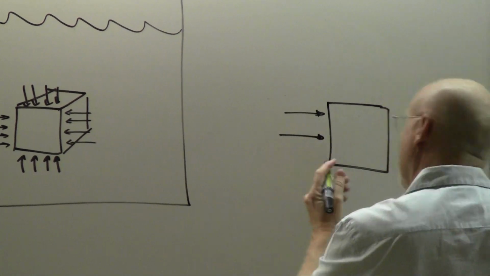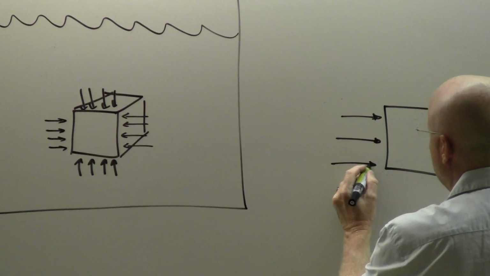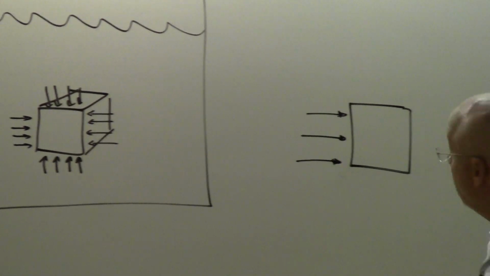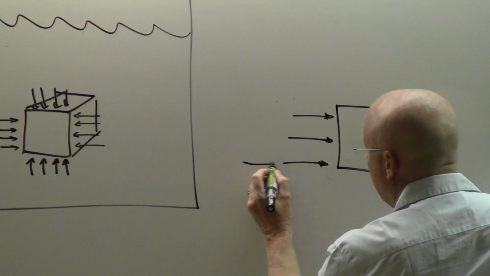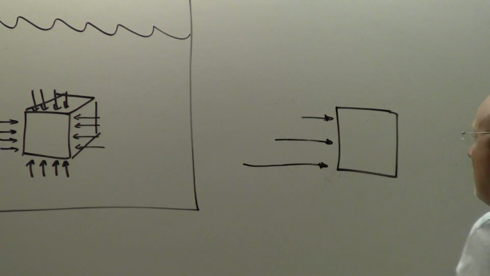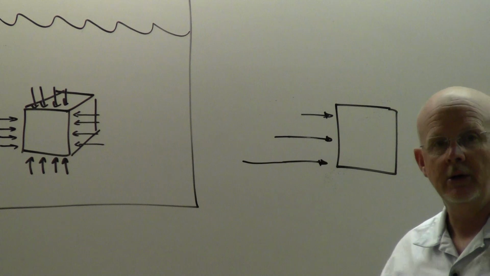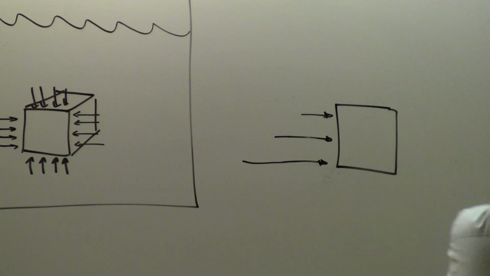These molecules would also be pushing it to the right. And then these would also be pushing it to the right. However, remember we said that the pressure gets greater with depth? So I would say that these down here, and maybe I'll represent that with a longer arrowhead, then a medium-sized arrowhead, and then a short one. These are all pushing this box to the right.